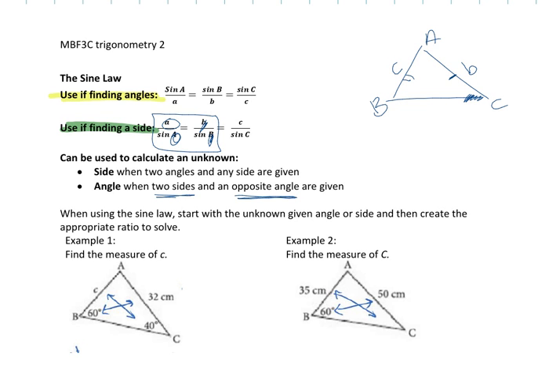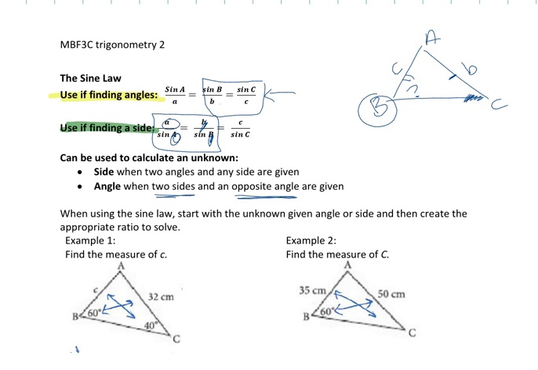So I have the opposite angle to C. So C and C. And I have side B, which means I'm going to be looking for angle B. Okay, so in this case, because I'm looking for an angle, I'm going to use the top formula. And then because I know B and C, I'm going to use these two. Okay, so it's a matter of decision what to use.